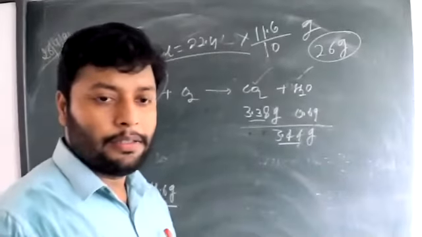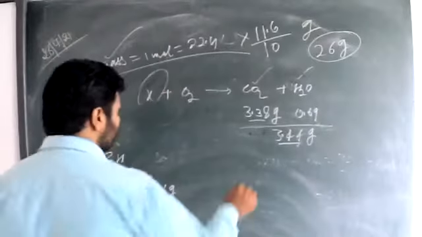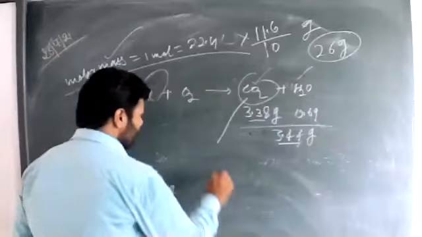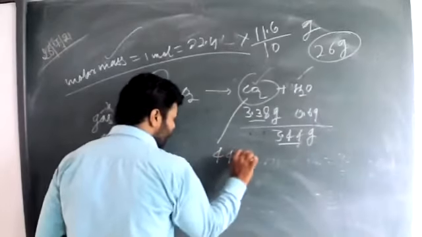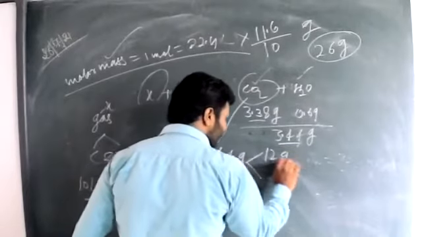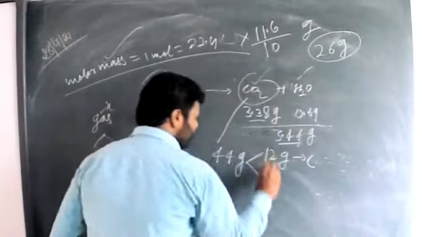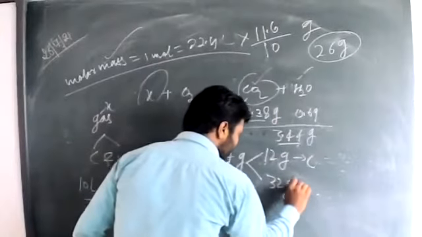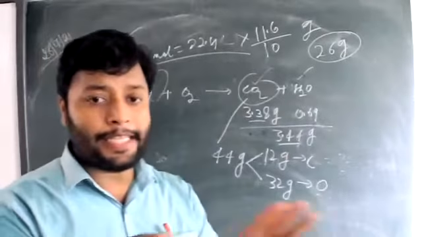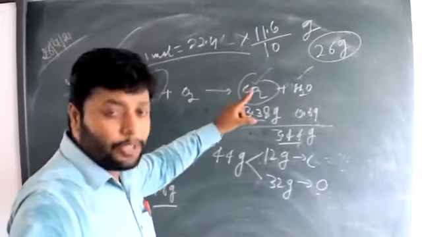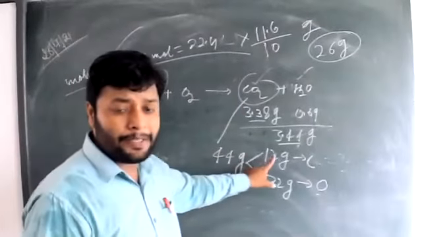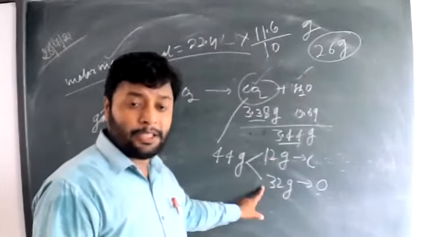Let's try this one. See, molar mass of CO2 is 44 gram. Out of 44, 12 gram is carbon and 32 gram is oxygen.